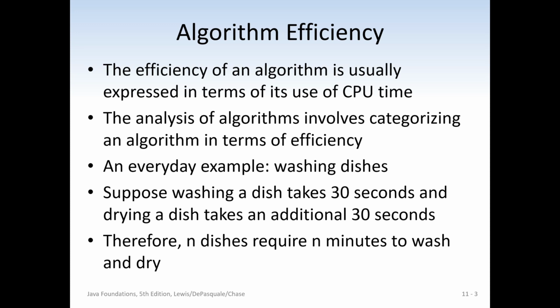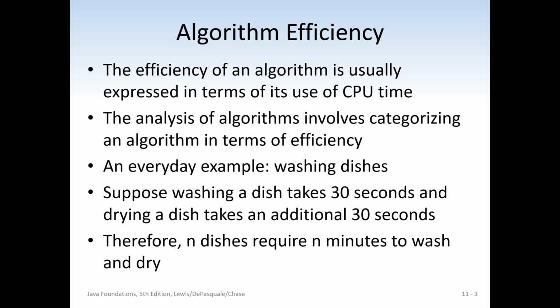We're going to start with a very simple example, which is washing dishes. Let's say that washing a dish takes 30 seconds and drying a dish takes an additional 30 seconds. Therefore, N dishes require N minutes to wash and dry. That's N times 30 plus N times 30.